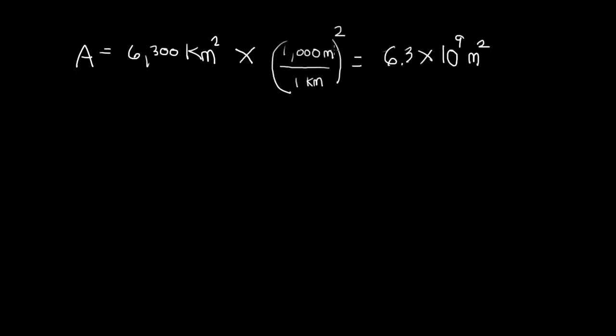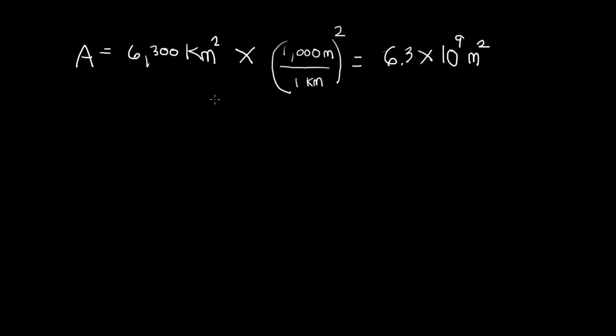First thing, we're given the area in square kilometers and we're told to express our answer in cubic meters per year. So I'm going to want to convert this into square meters, which is done as follows. We know that there are 1,000 meters in a kilometer and we have to square that term because we have kilometers squared. And if we carry this out, we end up with 6.3 billion square meters of area.